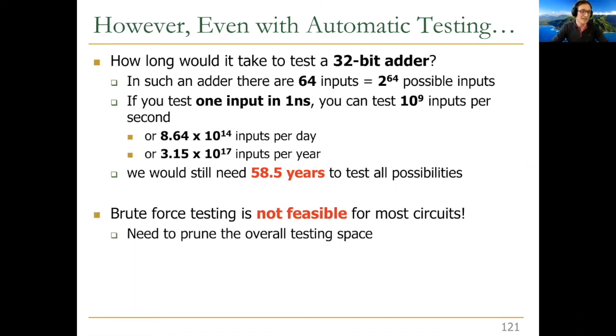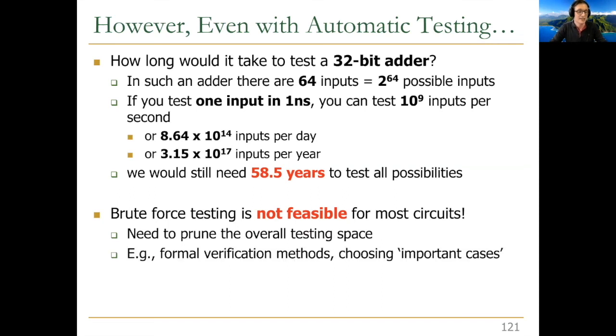That's why you need to be smart. You need to prune the overall testing space. You cannot do exhaustive testing, even for a 32-bit adder, as you can see. So you need to do some sort of pruning of the testing space, choosing important cases, eliminating as much as possible the cases that do not matter. Basically, there's a lot of work dedicated to designing test cases.